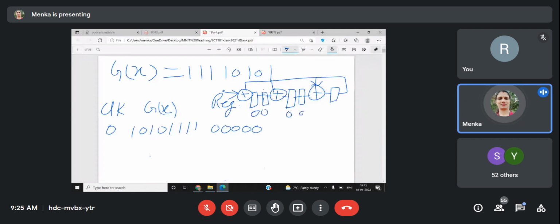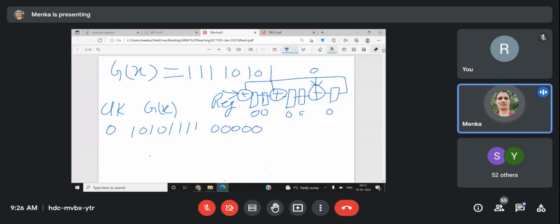Okay, so now look at this, all these are 0, all these XORs are having one input here. So whatever the other content is, the same content will be at the output. So here this was 0, so it means 0 is getting shifted, so that's how you will be getting 0 here. Did you understand? See, initially you are having all zeros, so contents of all registers were zeros, all flip flops were zeros.